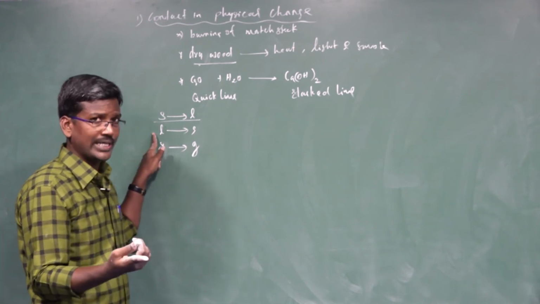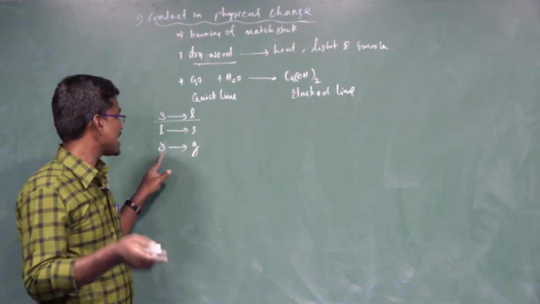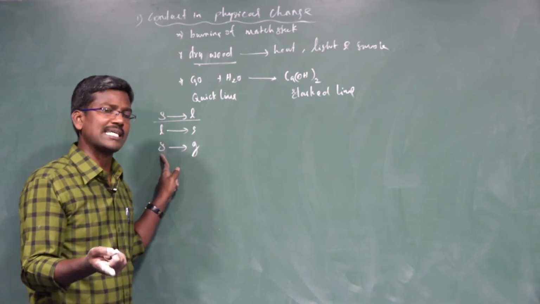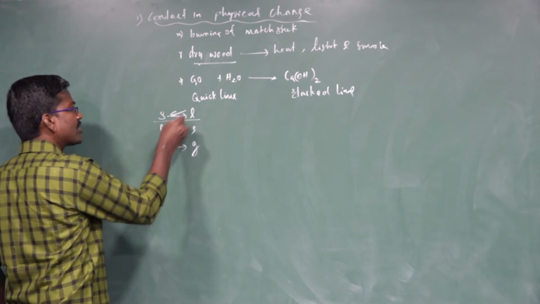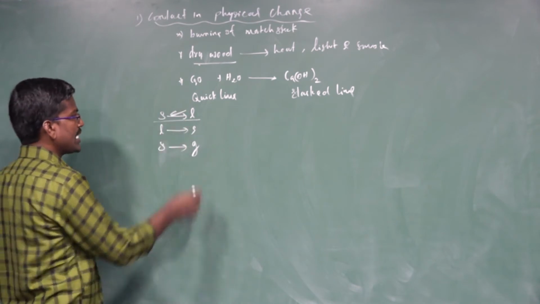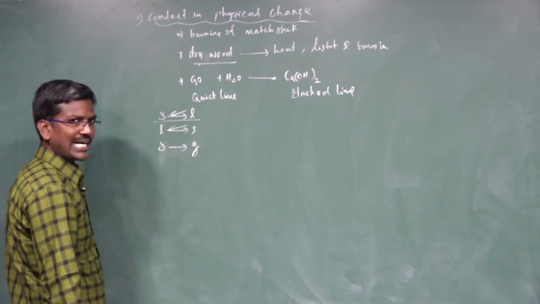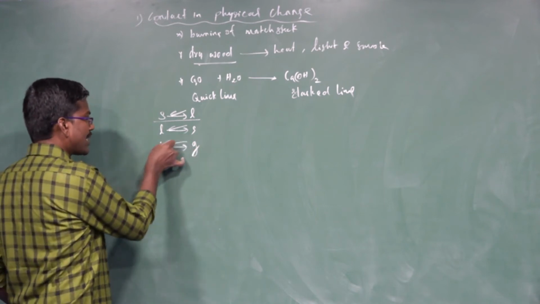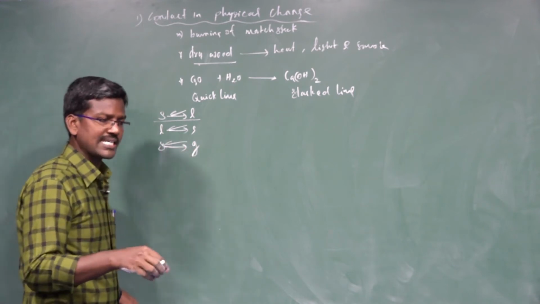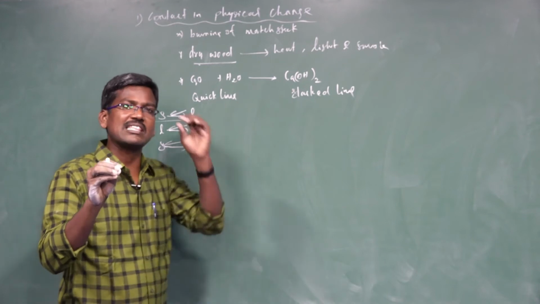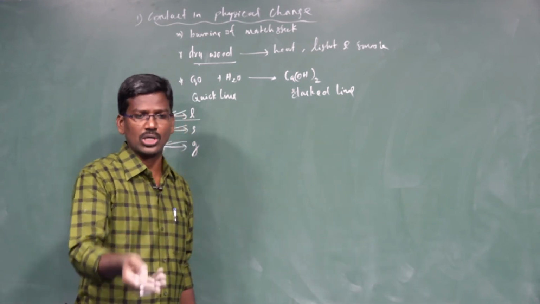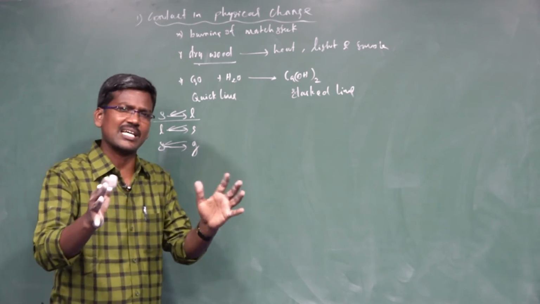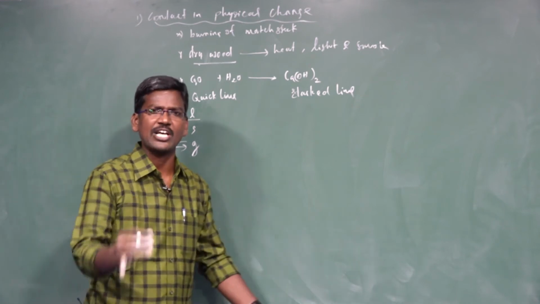Liquid converted to gas is known as evaporation. Solid converted to gas without liquid is known as sublimation. Liquid converted to solid is freezing. Gas converted to liquid is condensation. Gas converted to solid is also called condensation. The process in which only the physical state changes is a physical change.